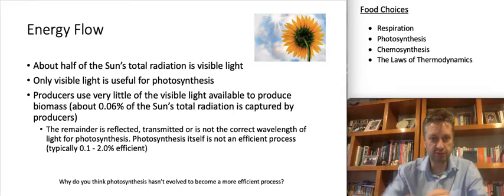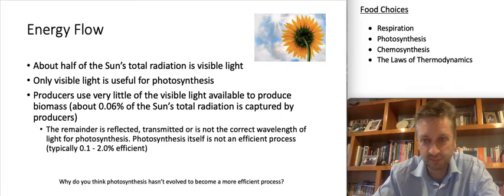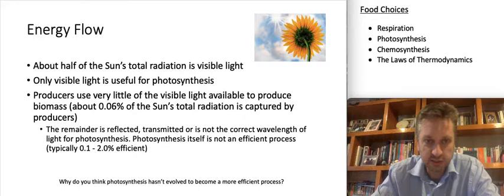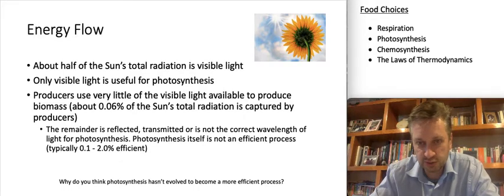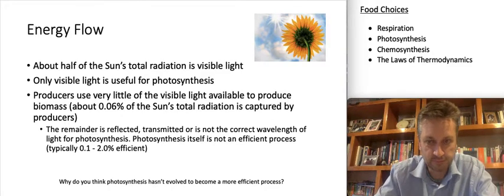The producers use very little of the visible light available, as I said, only about 0.06% of the energy that they could actually use. The remainder is reflected, transmitted, or is not used because it's not a correct wavelength that chlorophyll can use for photosynthesis.